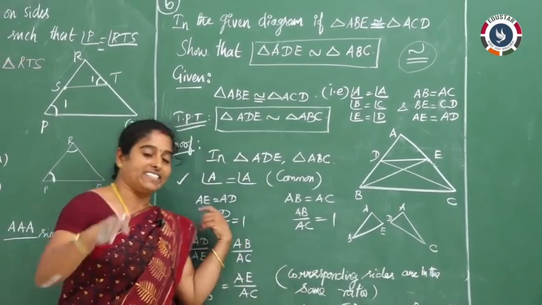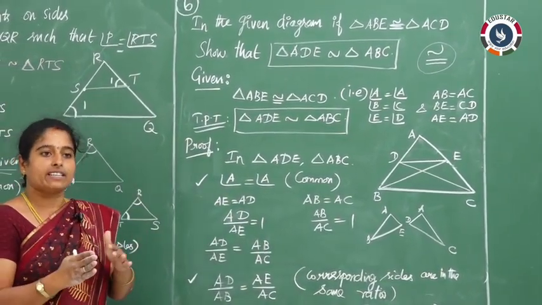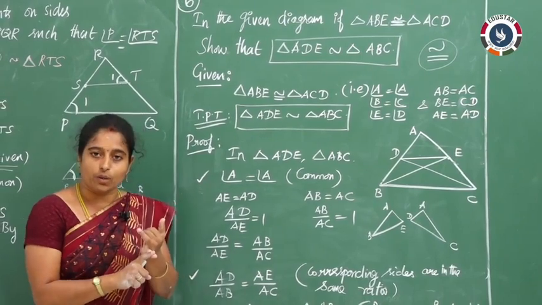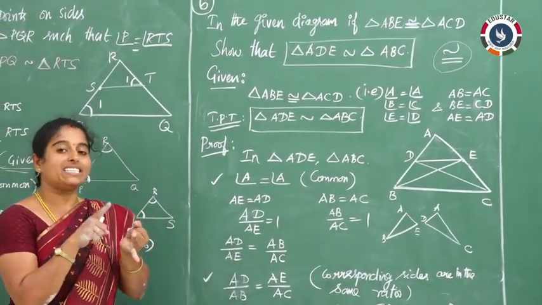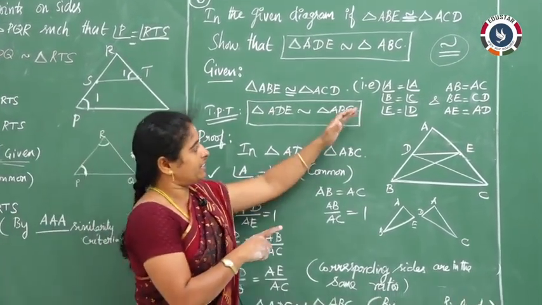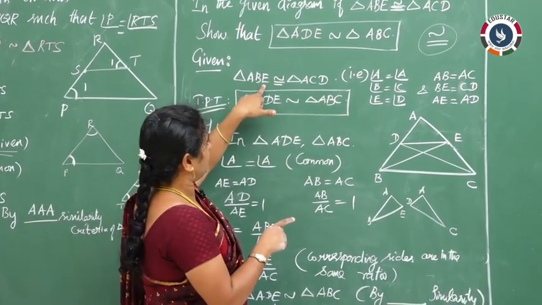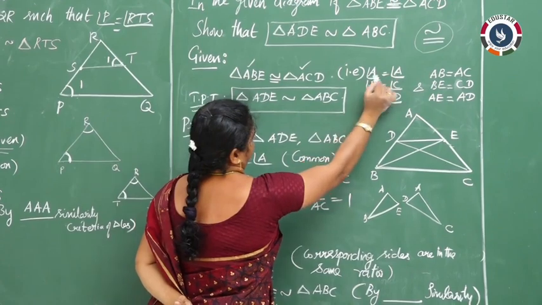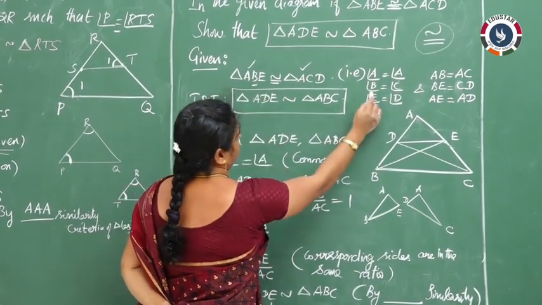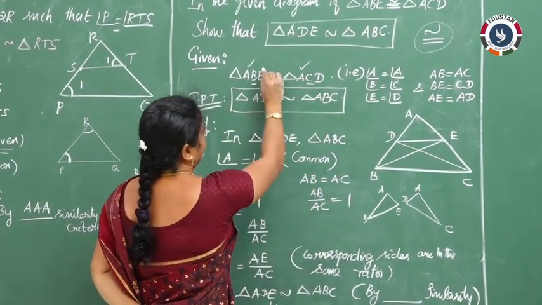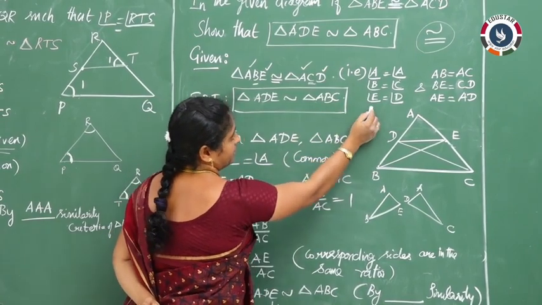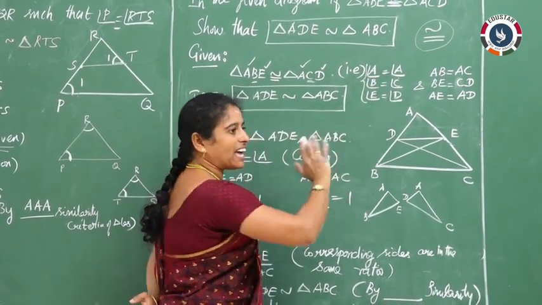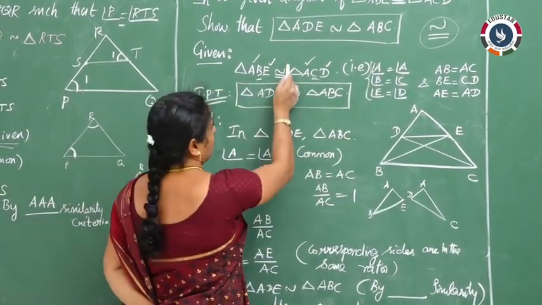So we have studied in the 9th standard what all the congruent results are. All the corresponding angles are equal and all the corresponding sides are equal. So I have listed here one by one. So in ABE, angle A is equal to angle A. Angle B is equal to angle C. Angle E is equal to angle D. So these are all the corresponding angles equal as they are congruent.